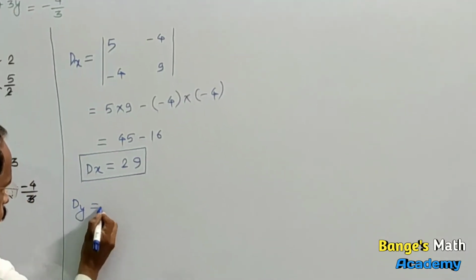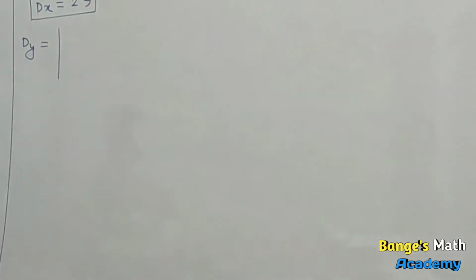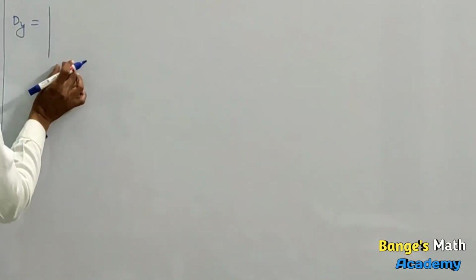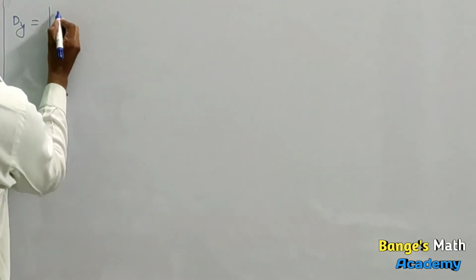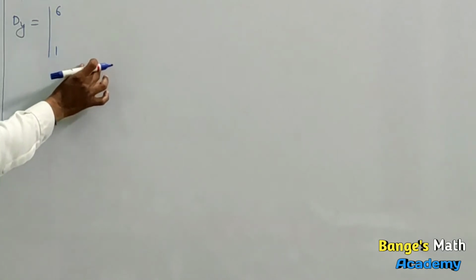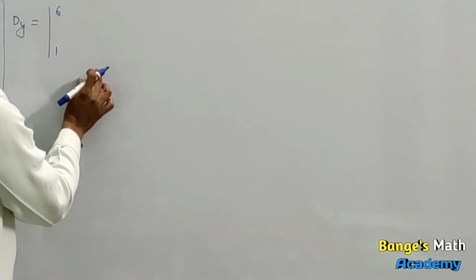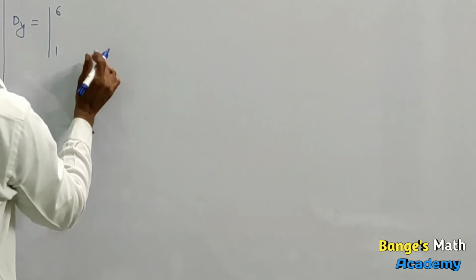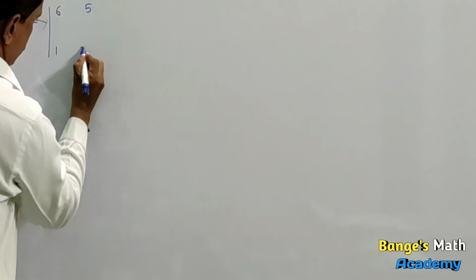Then find dy. Find the value of dy. In first column, write down coefficients of x: 6, 1. In second column, neglect coefficients of y and replace it by constant terms: 5, minus 4.